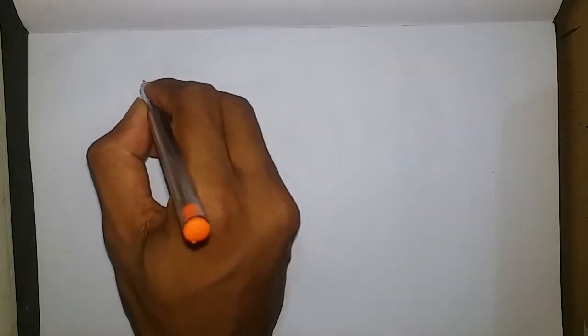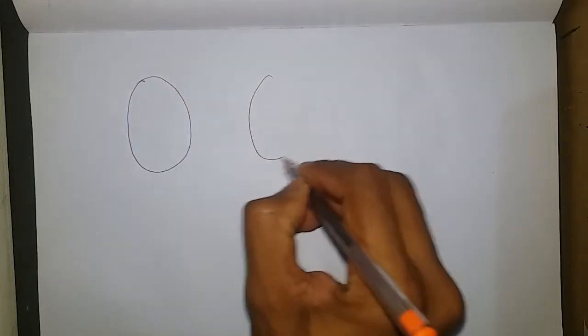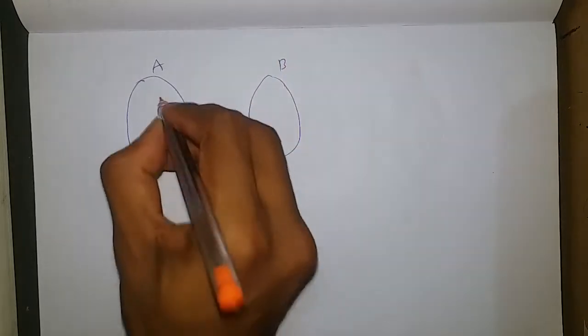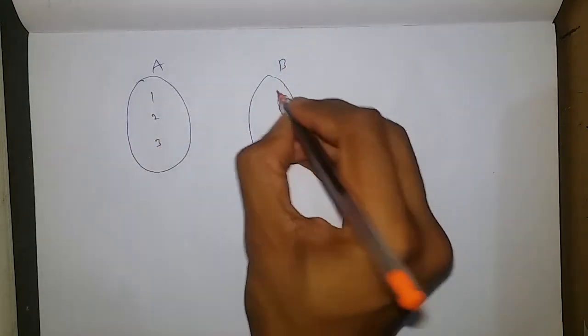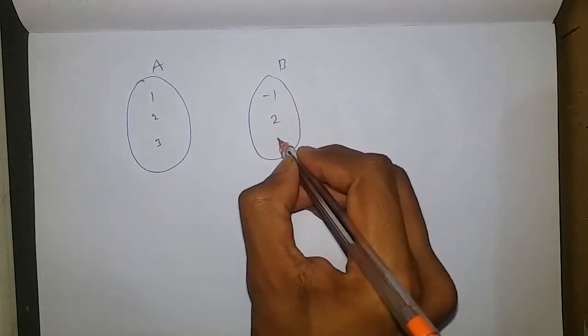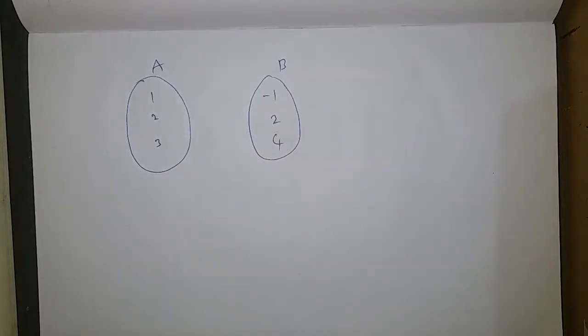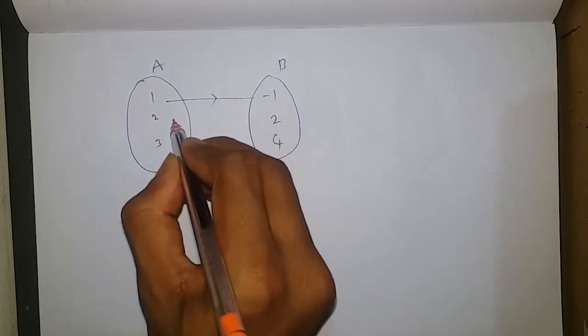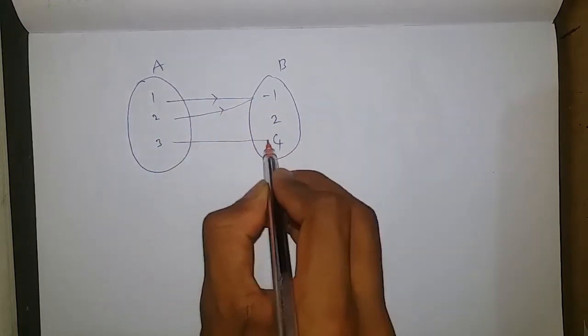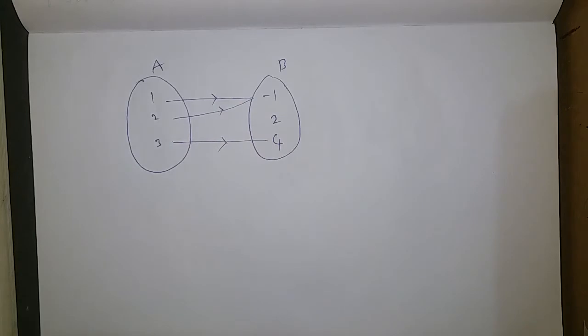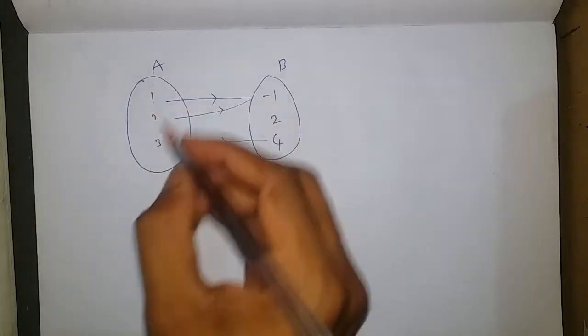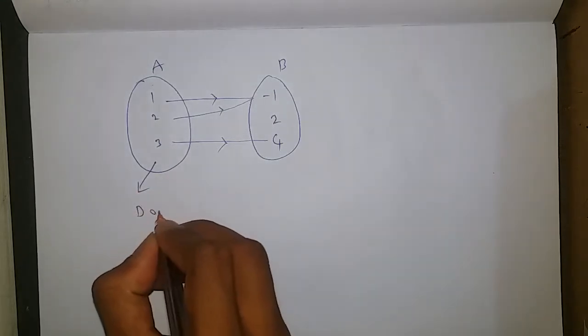Okay, now let us discuss the next type of function. Before going to this type of function, let's revise once again what is domain, what is range, and what is codomain. This is for set A and set B. In the set A we have 3 elements 1, 2, 3, and in the set B we have -1, +2 and 4. Now 1 is related to -1 and 2 is also related to -1 and 3 is related to 4. Whatever the input we are giving, that is called domain.